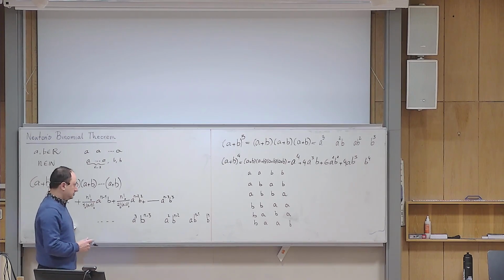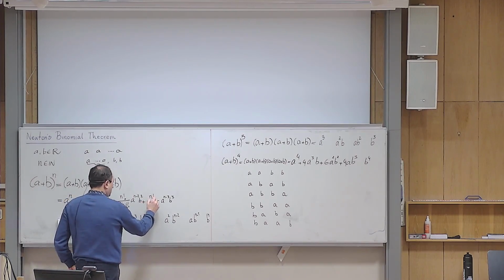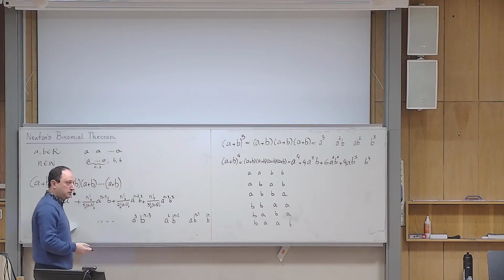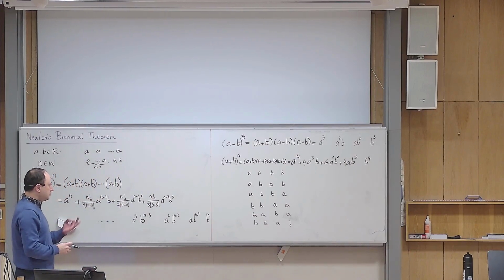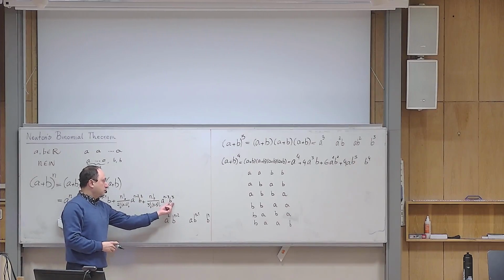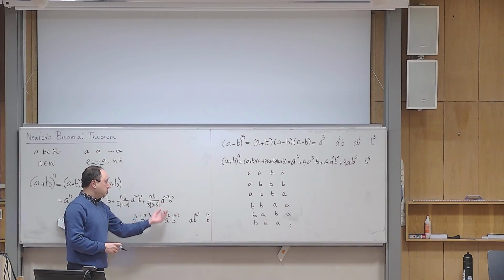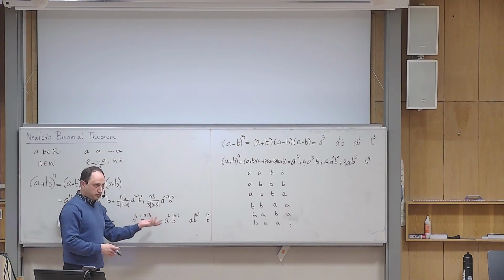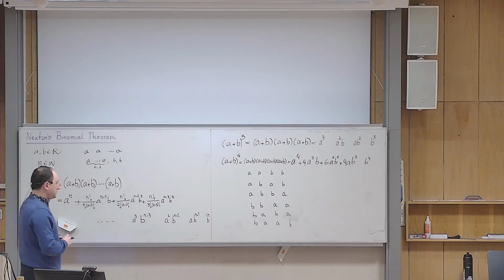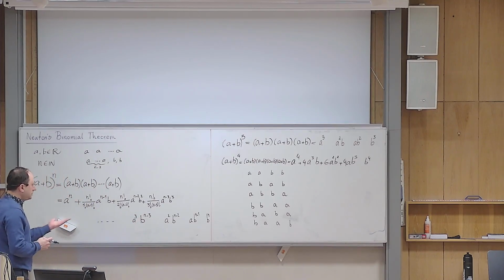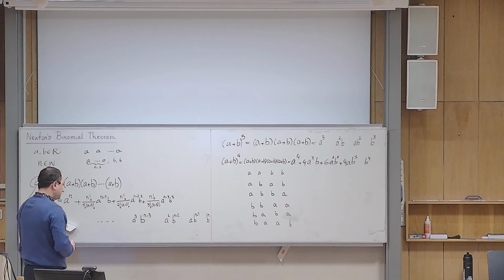N factorial over 3 factorial n minus 3 factorial. Yeah, exactly. But I want you to understand, not just looking at the pattern. Do you understand why this number is the correct number? Because now I have n objects, but 3 of them are of the one type, and n minus 3 of them are of the other type. We have already learned what to do with repetition. I think the pattern is now very clear.